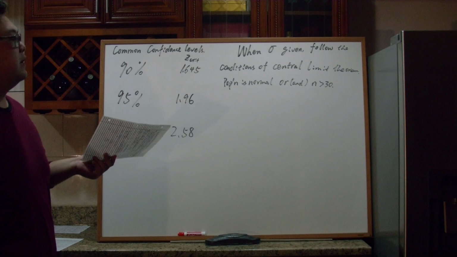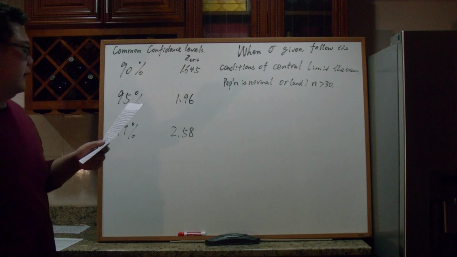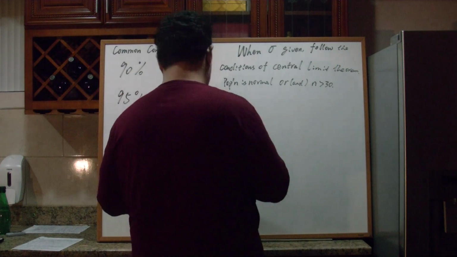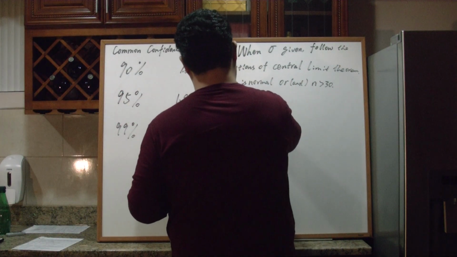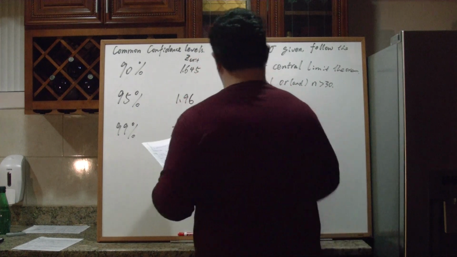If not normal, the sample size is more than 30, or both conditions are satisfied. Then we can estimate the population mean.